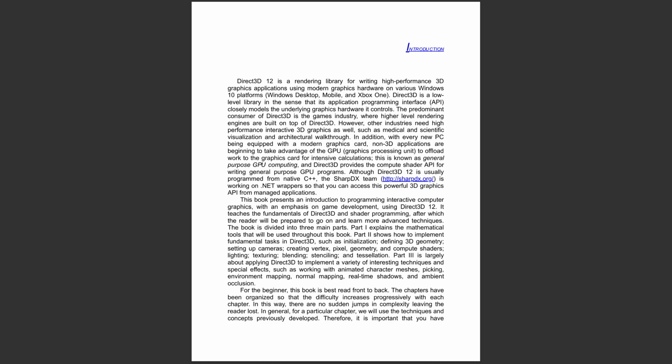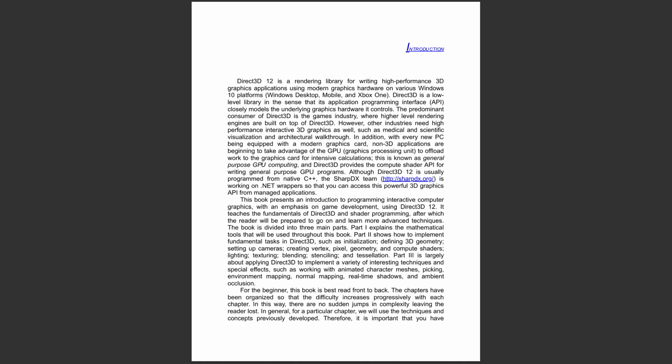Part 1 explains the mathematical tools that will be used throughout the book. Part 2 shows how to implement fundamental tasks in Direct3D, such as initialization, defining 3D geometry, setting up cameras, creating vertex, pixel, geometry and compute shaders, lighting, texturing, blending, stenciling, and tessellation.